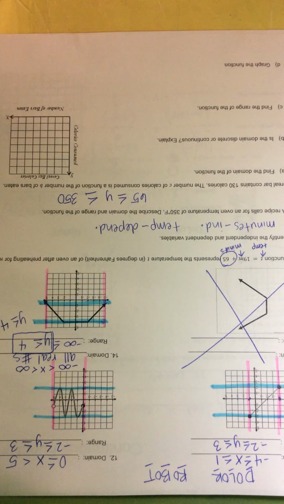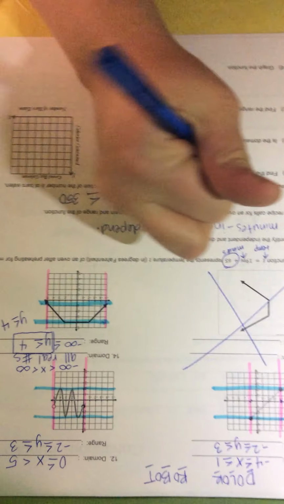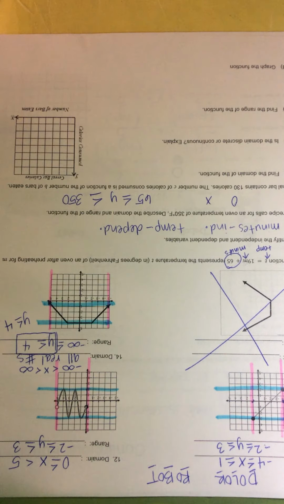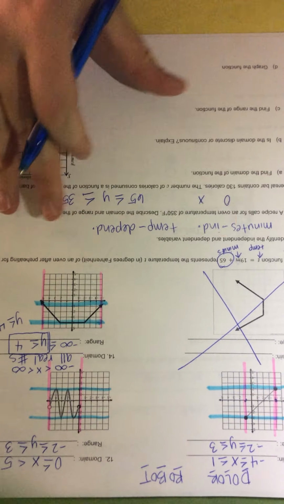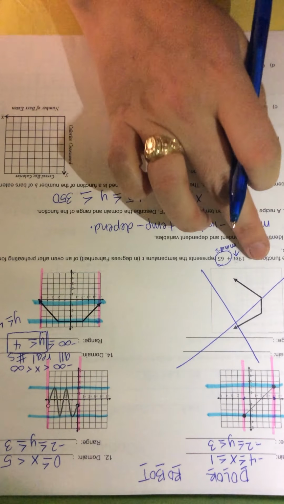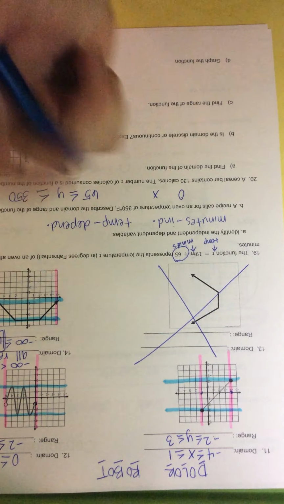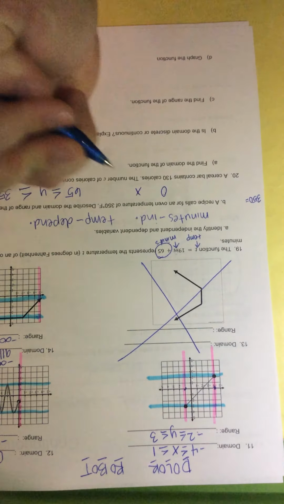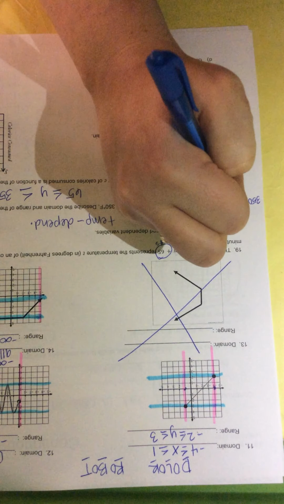Okay, now if you're talking about your time that it takes, we have to start at 0 minutes. Okay, we have x, and we have to figure out how many minutes it's going to take for us to get to 350. So we're going to actually substitute 350 for t. So I'm going to do that over here on the edge. So we have 350 equals 19m plus 65.